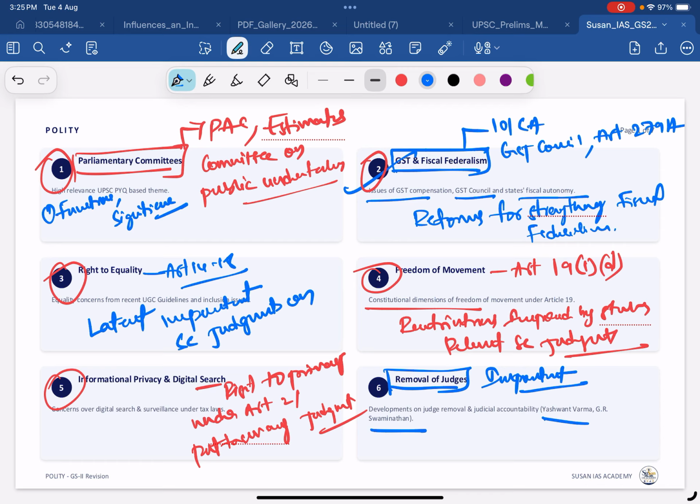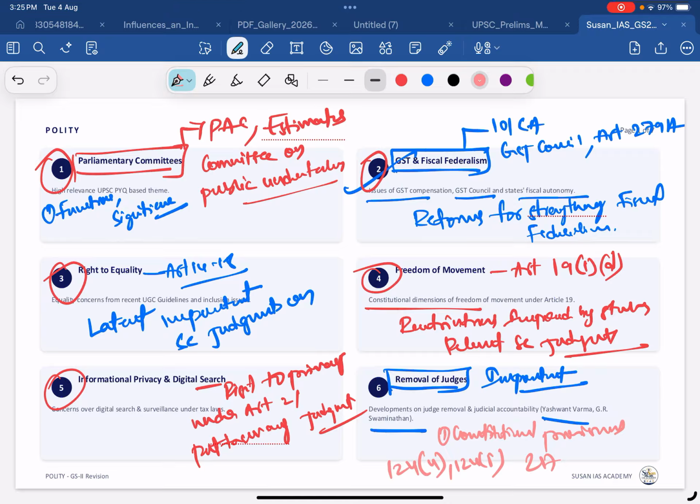So what are the dimensions one has to cover in removal of judges? First, constitutional provisions for removal. What are the constitutional provisions? Second, Article 124 clause 4, 124 clause 5, and 217, and the Judges Inquiry Act, and the meaning of proved misbehavior and incapacity, and its removal procedure, and what is the role of Parliament in removing the judges of the High Court or Supreme Court.